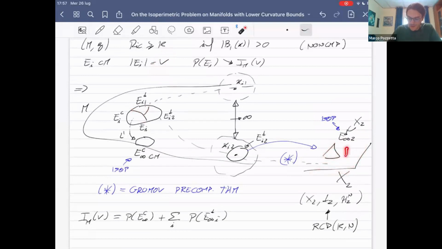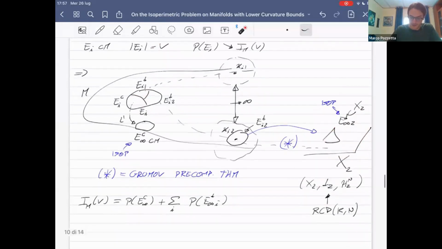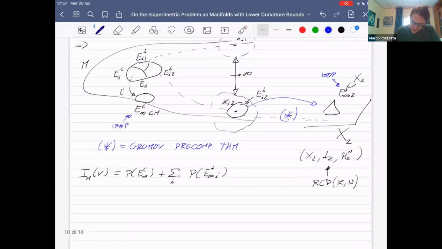So compared with any other set with the same volume, they have less perimeter. So for example, you can say something like, the perimeter of E infinity j is the profile of the space Xj at that volume, right? At that volume.